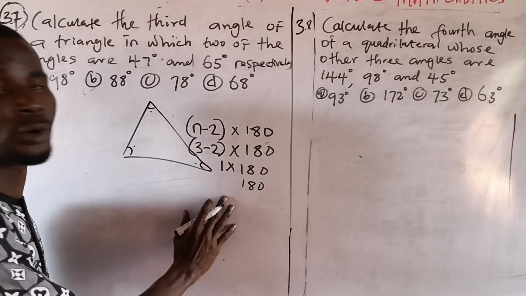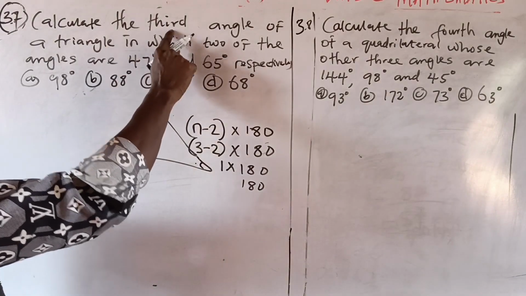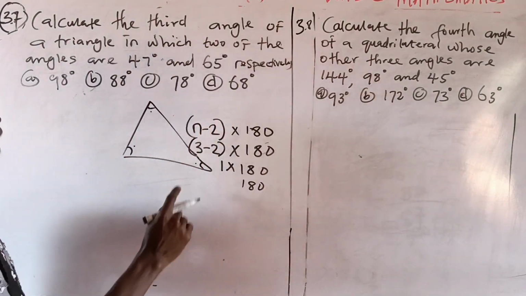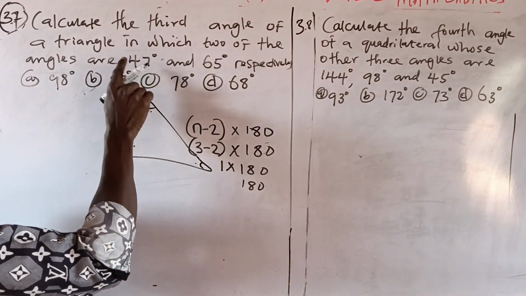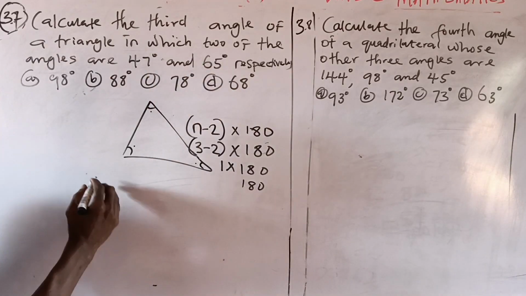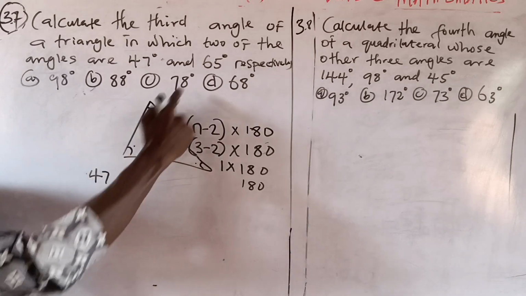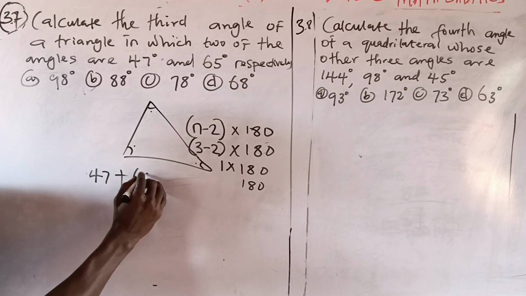So since we have known this, now let's go to the question. The question says we should calculate the third angle of a triangle. Now they gave us the two angles, which are 47 and 65. Now let's bring it out. The two angles are 47 plus 65.